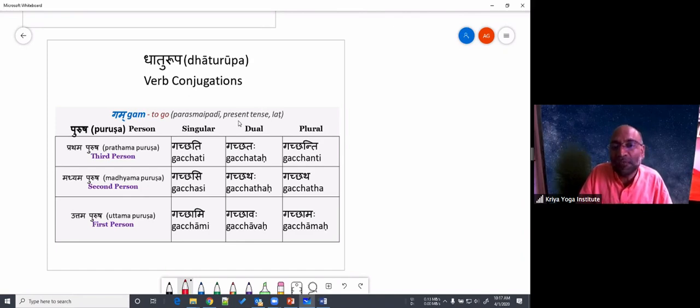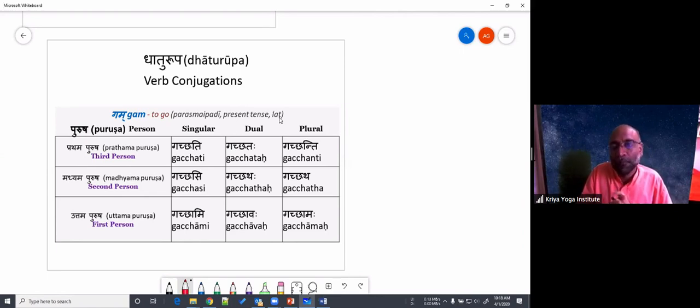So how many tenses are there in Sanskrit? There are 10 tenses and moods. We will not cover all of those in this course, because some of them are beyond its scope.